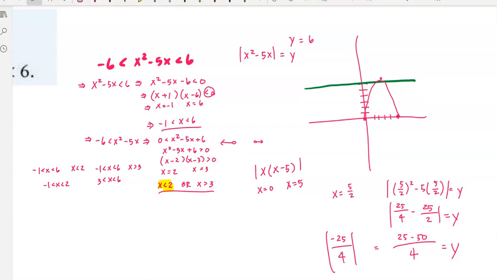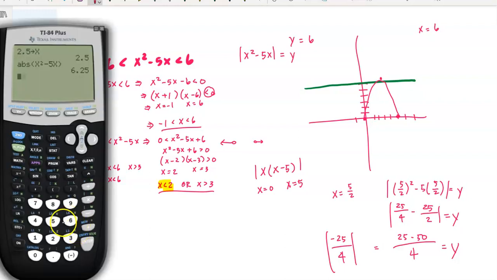And then if you continue, you will see, for example, at 7, and then maybe negative 1. You can put x equals 6 in there. 6, store as x.